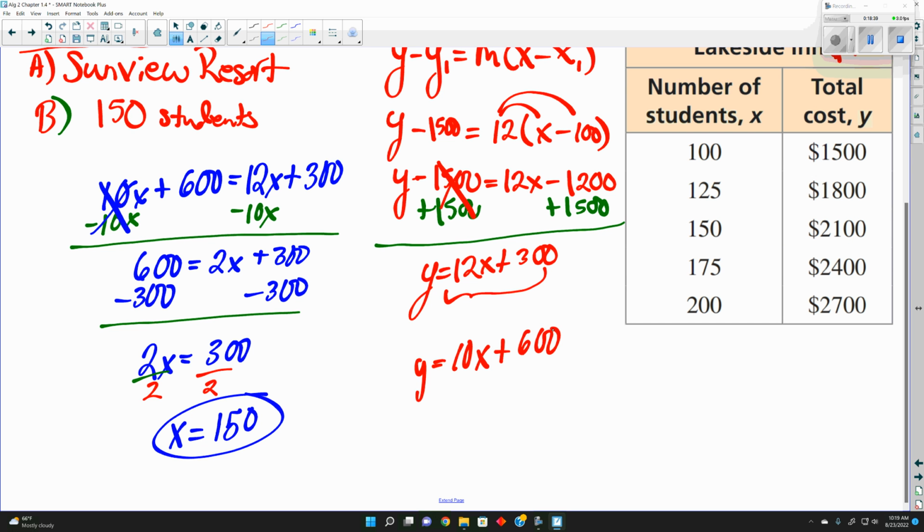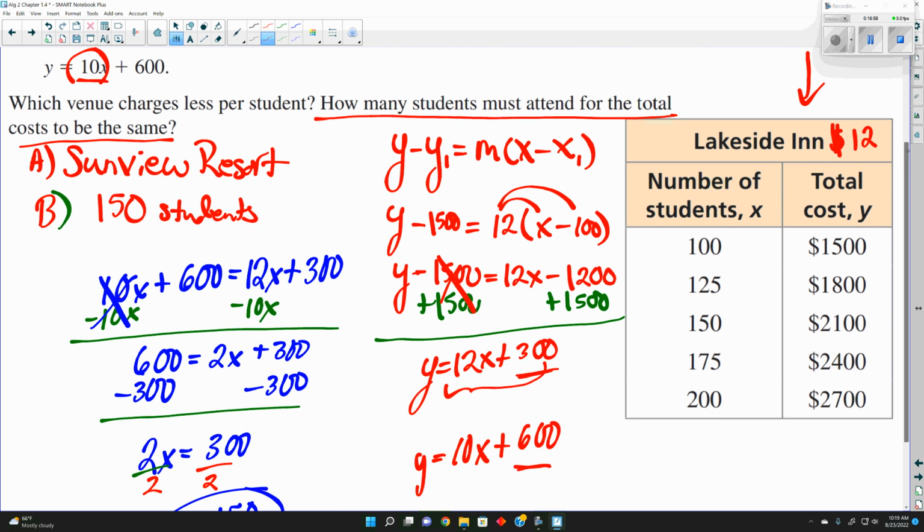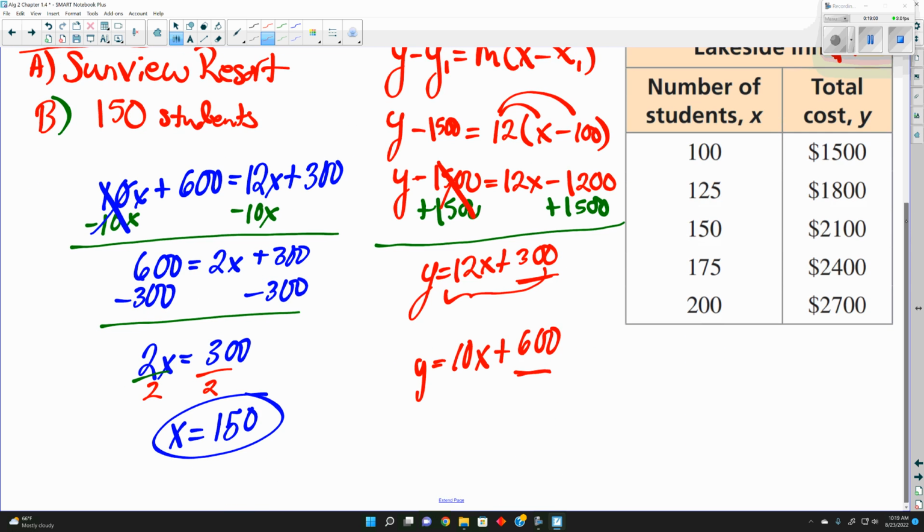So at 0 students, Lakeside Inn would cost us how much? 300, yes? The resort's going to cost us $600 if we have 0 students, yes? So which one's starting out more expensive? Yeah, the Sunview Resort is starting out more expensive, yes?